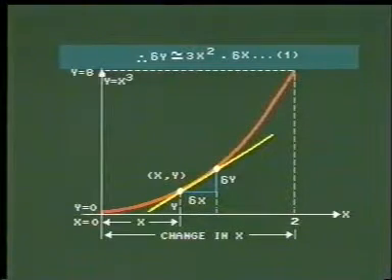To get total difference or total change in the value of y, we have to add up all small differences in y as given by 1. This summation is called process of integration.